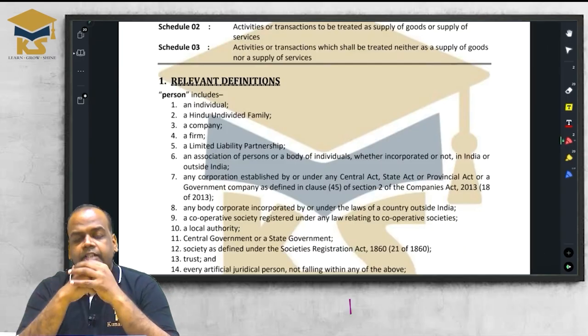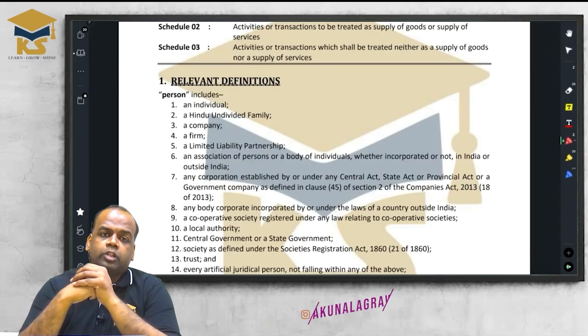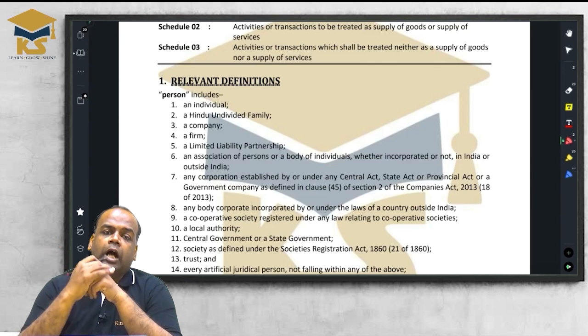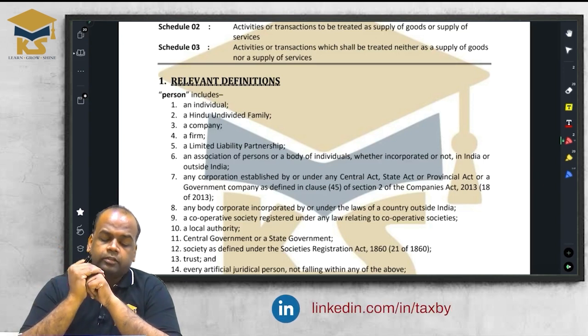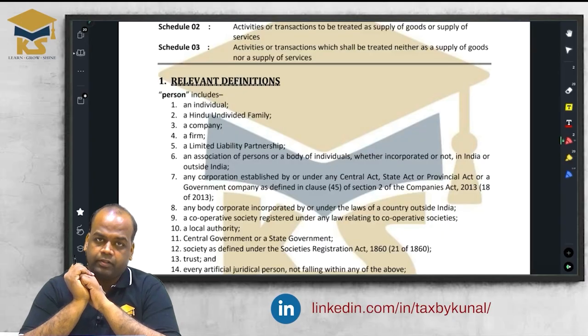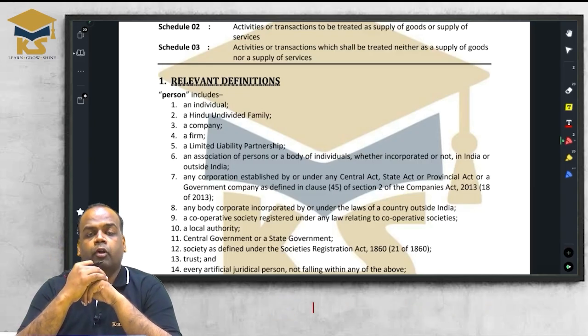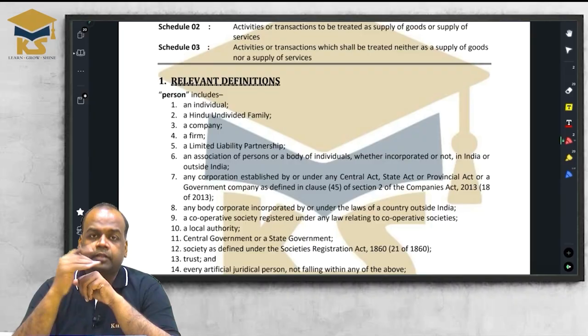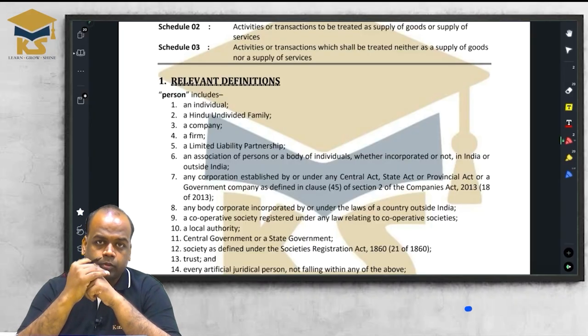Now I have designed this book like at the beginning of each chapter, whatever terms are being used in those chapters are given as relevant definitions. So the relevant definitions given here are not much important from exam point of view. Reason being, we are going to have maximum 7 theory questions.